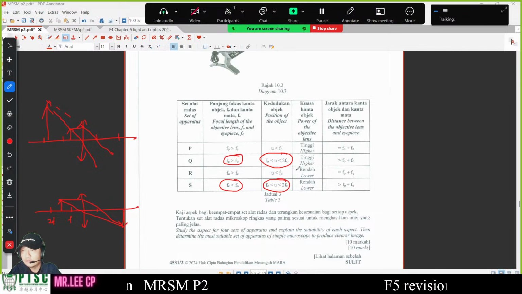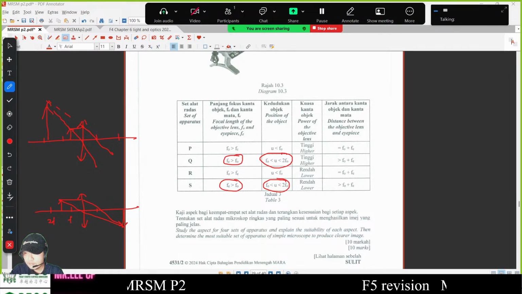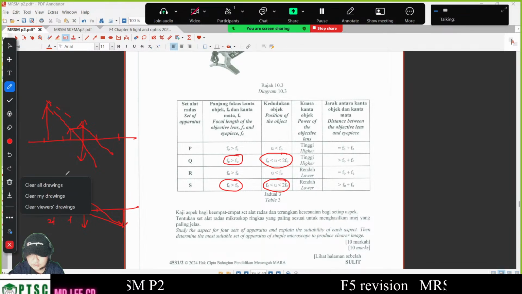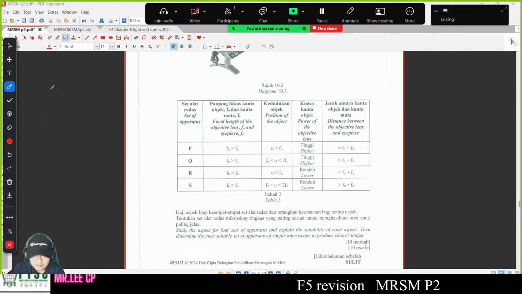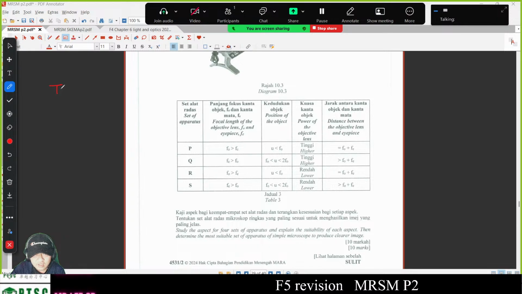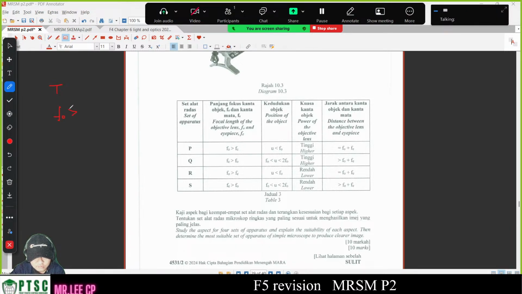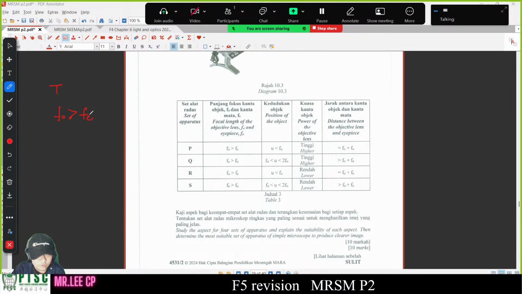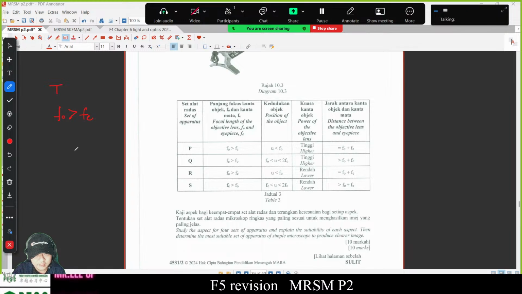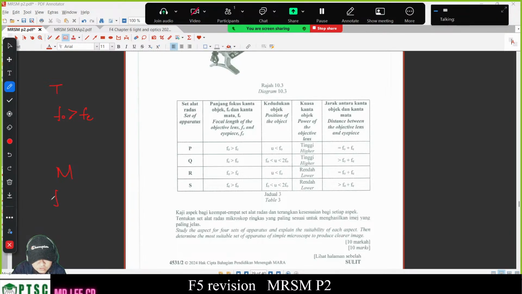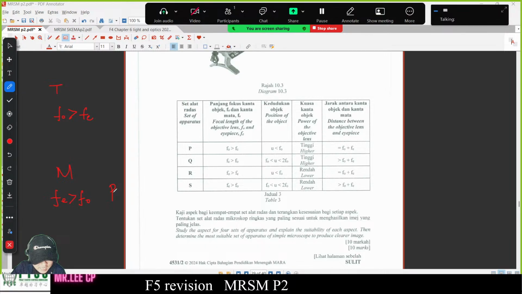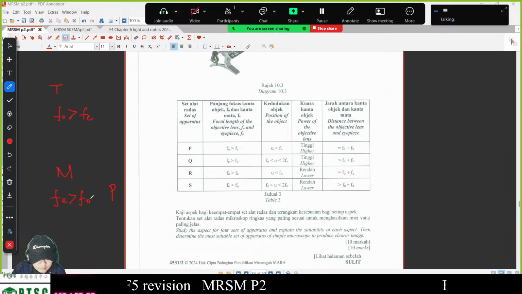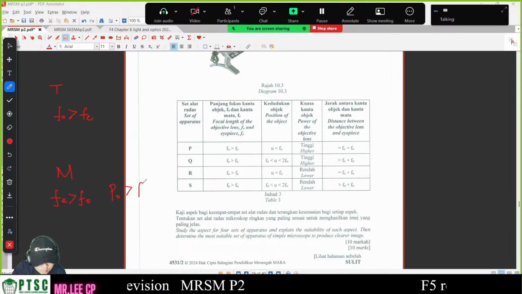Now, of course, power, right? We talk about power, the power of the objective lens. Now, again, telescope: FO more than FE. I don't want to draw already, I did it a few times. So microscope: FE more than FO. So the power is reversed. The power is FO more than FE.